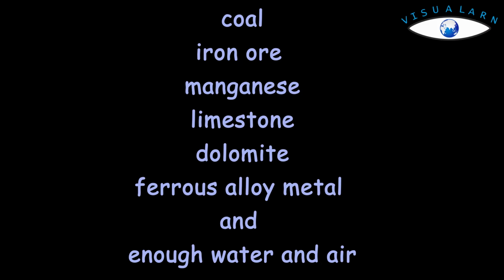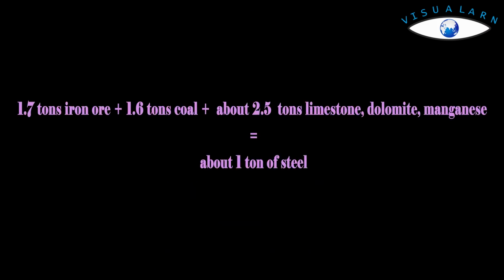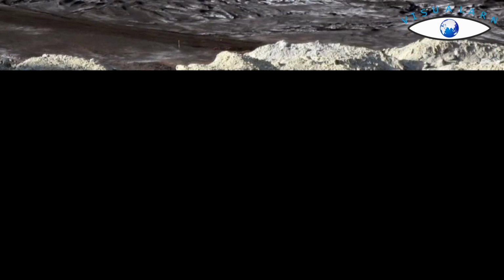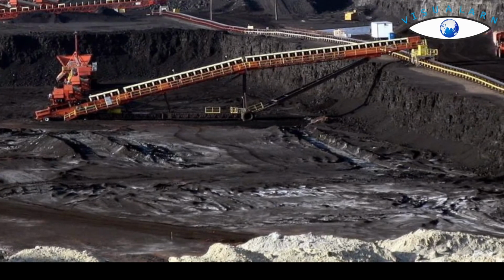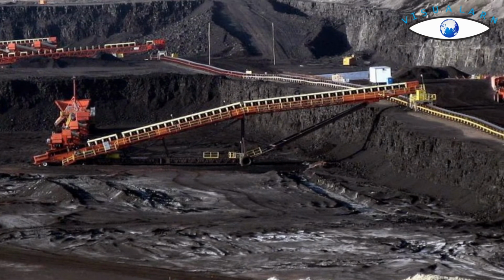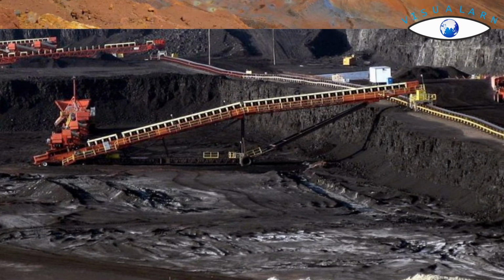It has been found that it takes 1.7 tons of iron ore, 1.6 tons of coal and about 2.5 tons of limestone, dolomite and manganese to make about 1 ton of steel. In the early stage, the steel industry was set up near the coal mining area.